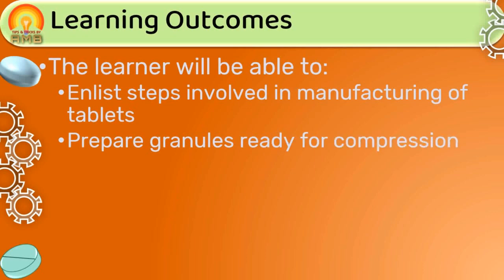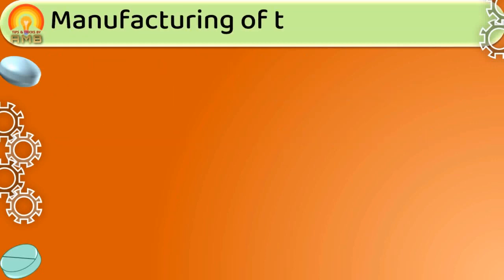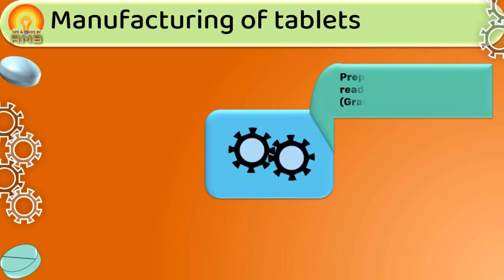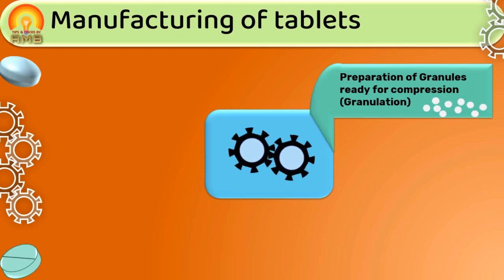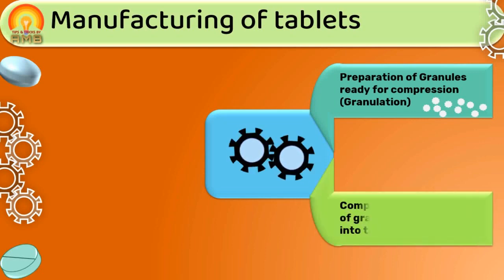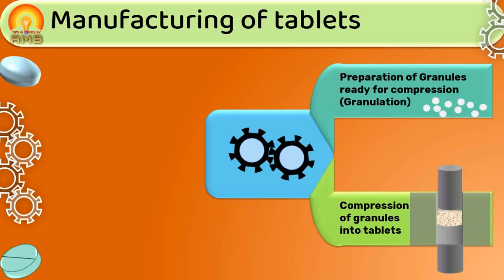In previous some presentations, we had discussed about tablets and their types. Now in this presentation, we are going to discuss about manufacturing process of compressed tablets. Manufacturing process of compressed tablets involves various steps as preparation of granules ready for compression, then compression of granules into the tablets.